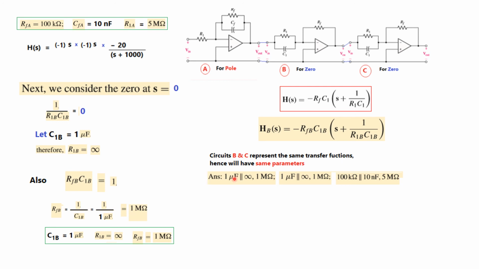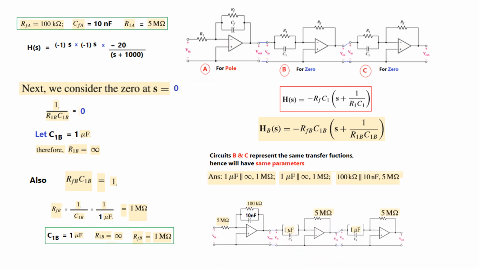So 1 microfarad parallel with infinity, this is for this case here, and this RF is 1 mega. Same case here, 1 microfarad parallel with infinity and 1 mega, and this is represented here.